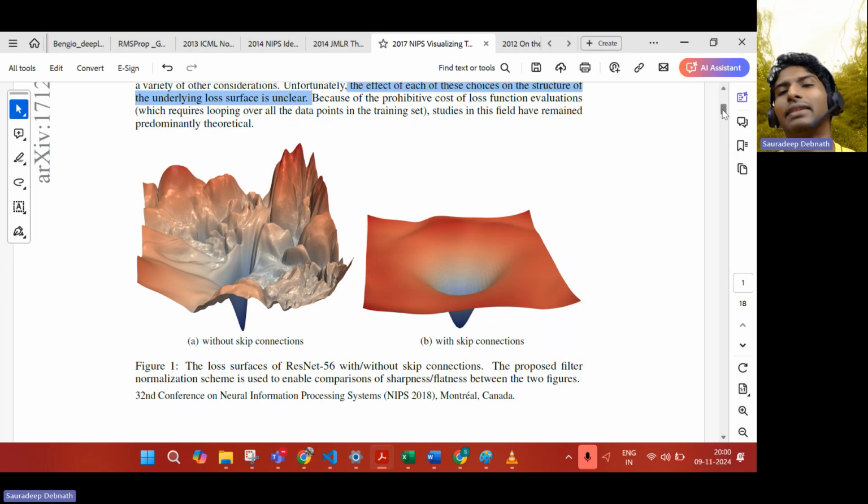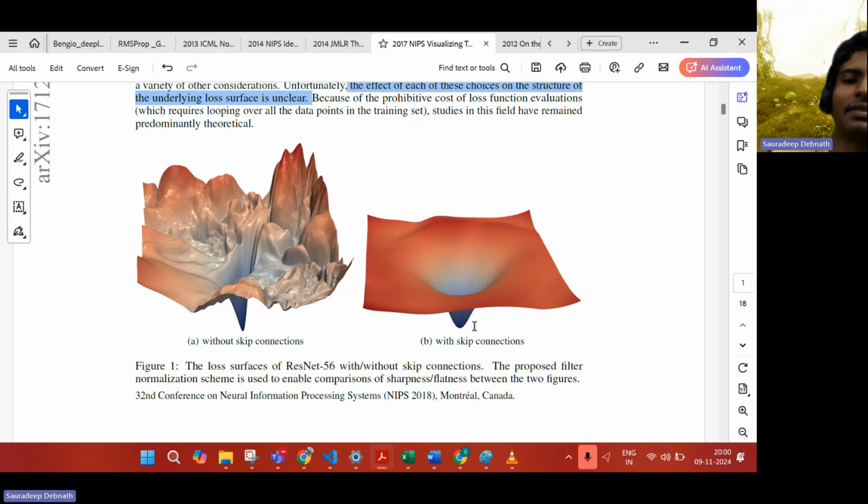They found that ResNet-20 has a relatively smooth, convex, almost bowl-shaped landscape. But as it goes deeper and deeper, say 56, 110, and if we remove the skip connection, the short circuit, the landscape becomes, in the left diagram, very highly non-convex and chaotic.